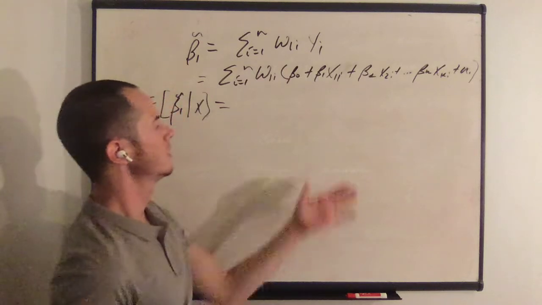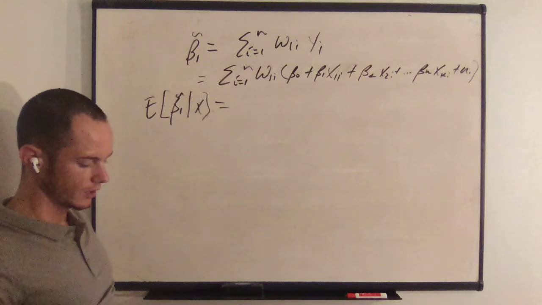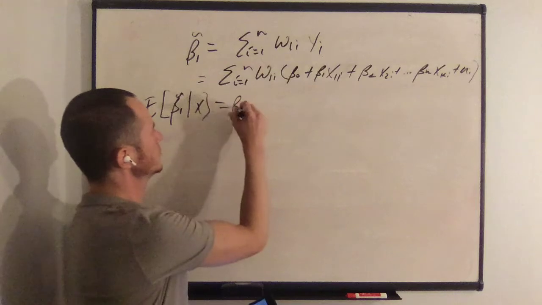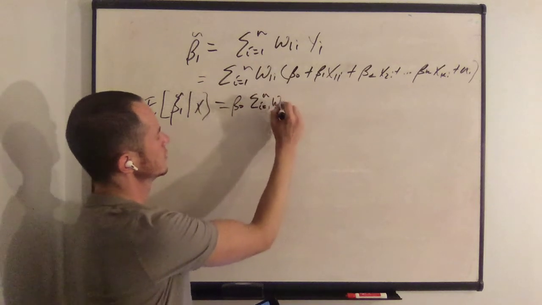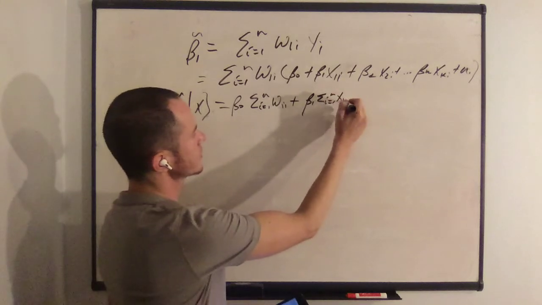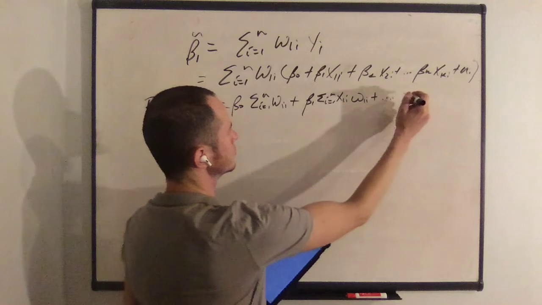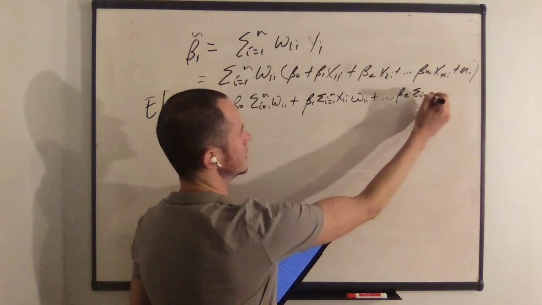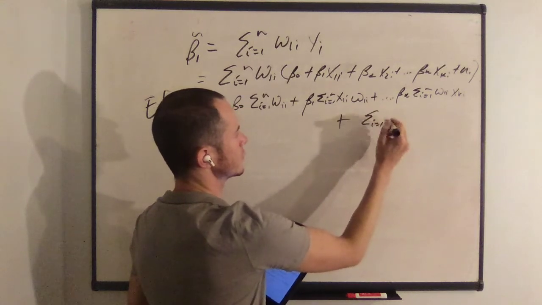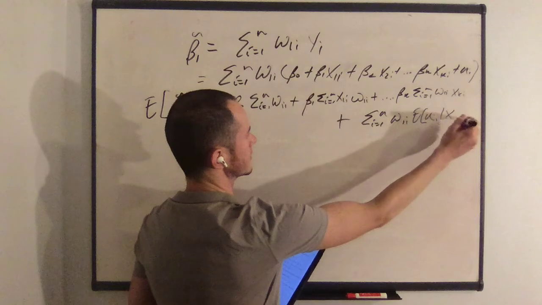As we pull these things out of the expectation, we're going to put the betas in front of the summation terms so that this is equal to beta naught times the sum from i equals 1 to n of w1i plus beta 1 times the sum from i equals 1 to n of x1i w1i plus all the way through beta k times the sum from i equals 1 to n of w1i xki plus the sum from i equals 1 to n of w1i times the expected value of ui given x.